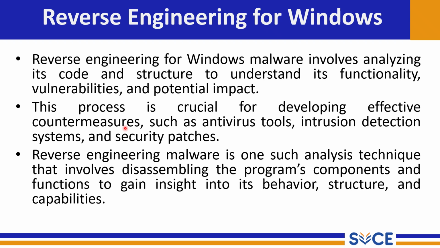And developing signature and detection mechanisms: by analyzing the malware's code, a security team can create signatures and detection mechanisms for firewalls, antivirus software, and other security tools. Okay. And the next one, identifying vulnerabilities. Software flaws: reverse engineering can uncover hidden flaws and vulnerabilities in software and hardware.